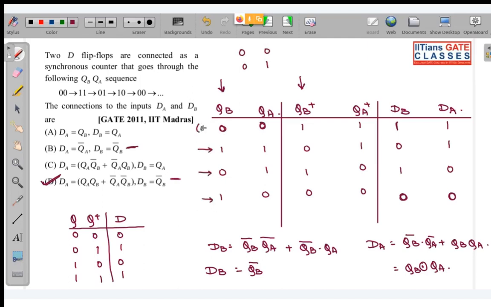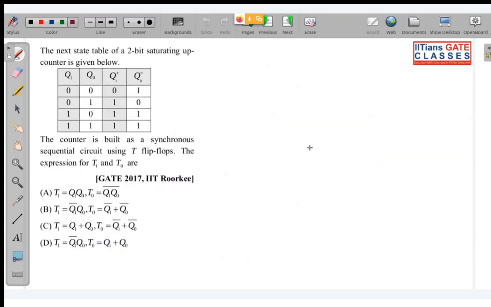So this corresponds to cell number 0, this corresponds to cell number 3, this corresponds to cell number 1, and this corresponds to cell number 2. So you might have messed up. You might have written 0, 1 over here. That is what you have done, Shubham. Am I correct? Yes, sir.